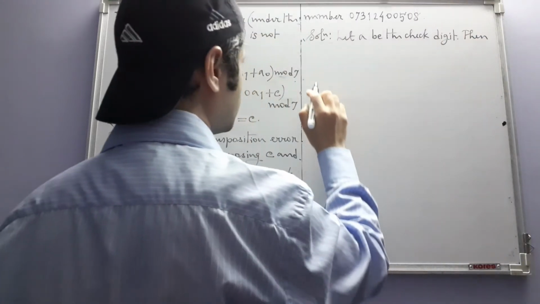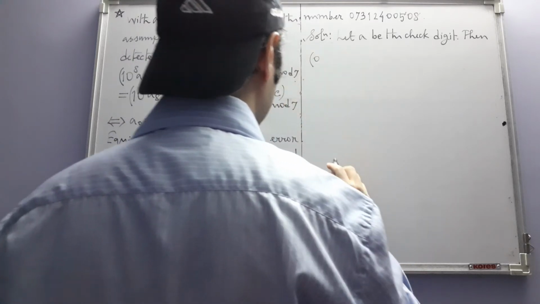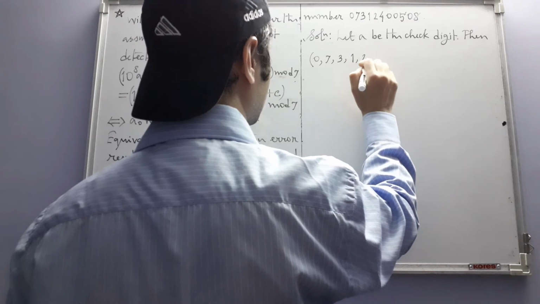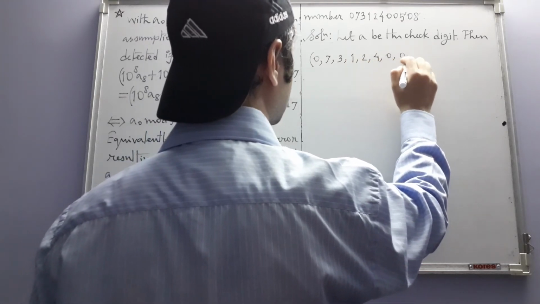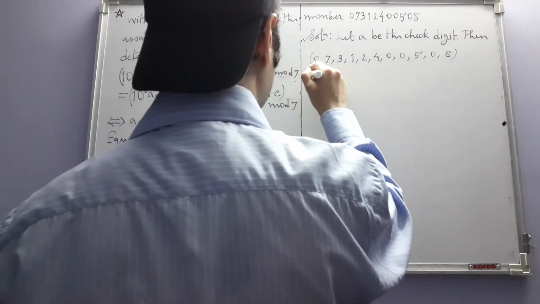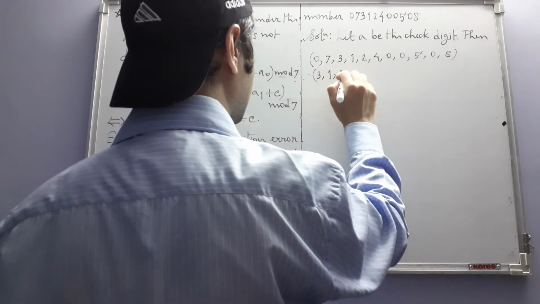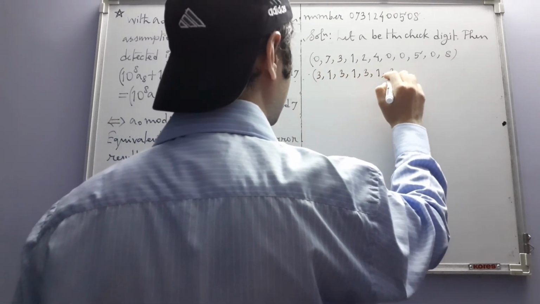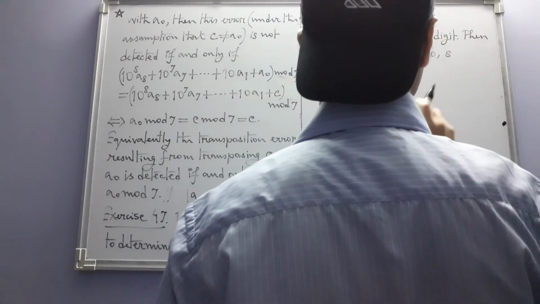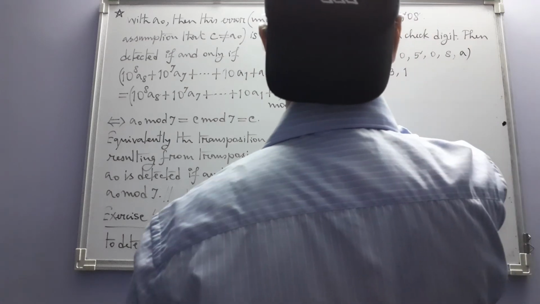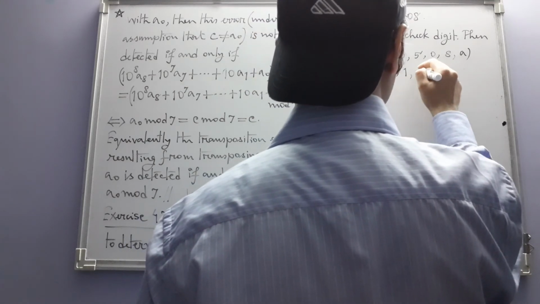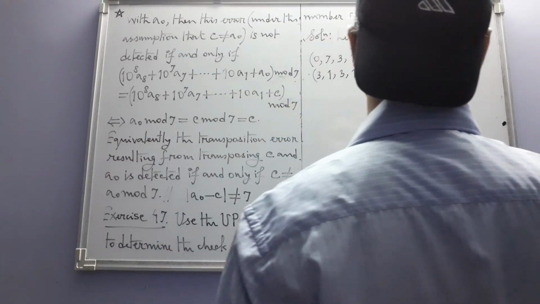Then you calculate the dot product of these two vectors 7 3 1 2 4 0 0 5 0 8 dot 3 1 3 1 3 1 3 1, with the last one being 1, because then only it ends with 1.